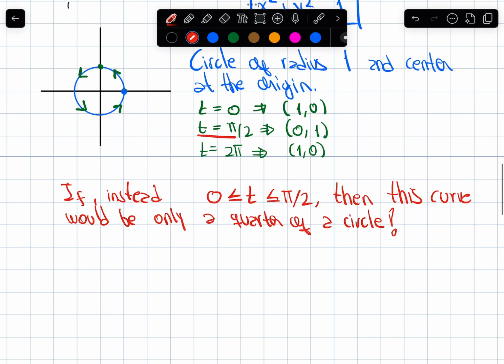Because that will be the last t value that I'd be allowed to plug in. And so we'd only have this piece of the circle right here instead of the entire circle like we did before. So this is another advantage of using parametric equations, because they also let us pick only a piece of the curve.